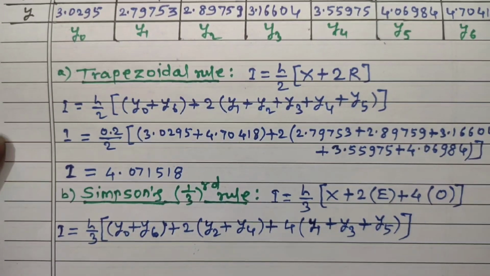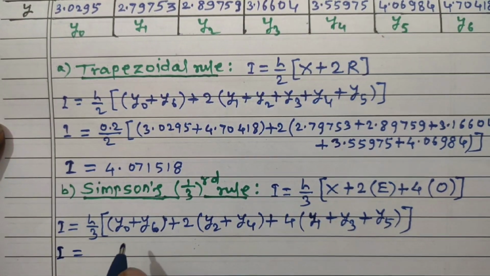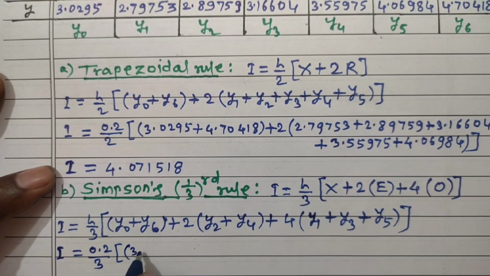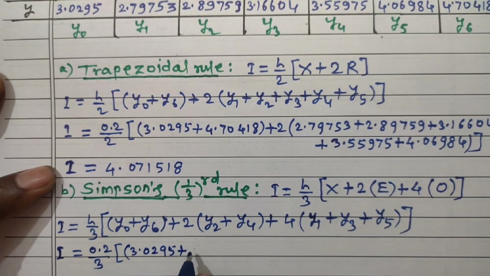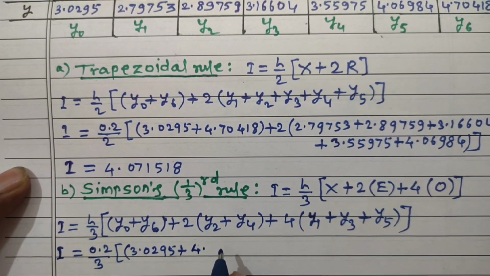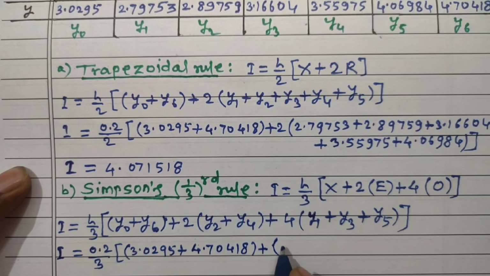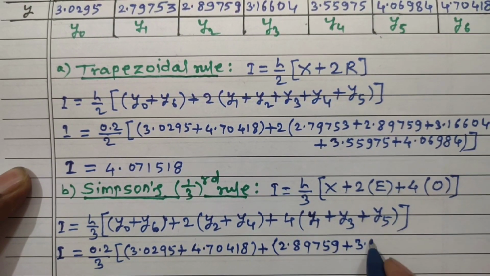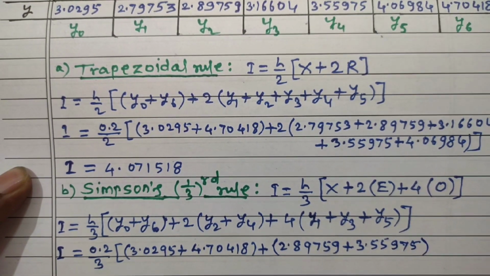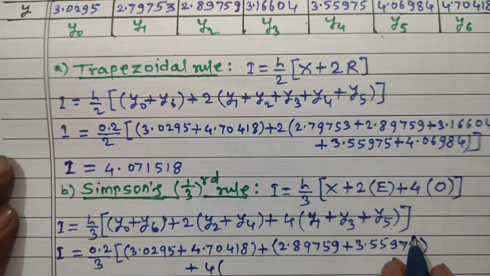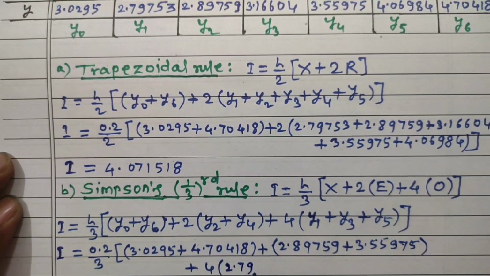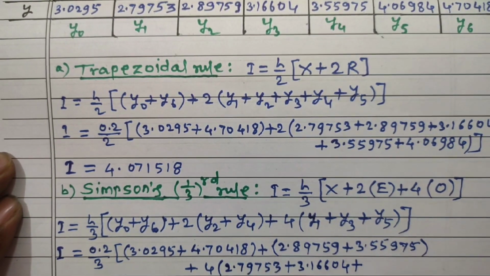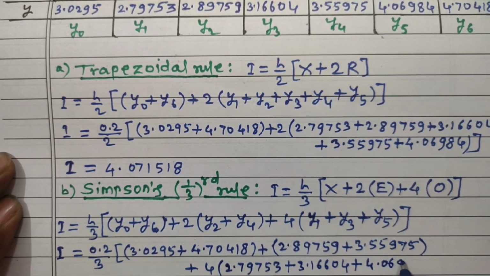Now put the values of ordinates and the value of h. Hence I is equal to h is 0.2 divided by 3 into bracket y0 is 3.0295 plus y6 is 4.70418 plus 2 times y2 is 2.89759 plus y4 is 3.55975 plus 4 times y1 plus y3 plus y5. y1 is 2.79753 plus y3 is 3.16604 plus y5 is 4.06984.